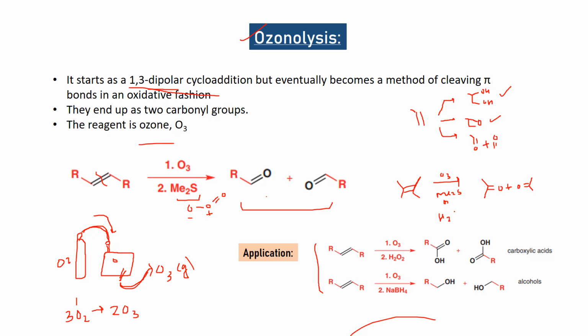If you add H2O2, in both of the cases this ketone will be obtained, because there is no such hydrogen to undergo the oxidation further. Okay. But if you add NaBH4, what will happen? These two will be reduced to secondary alcohol. Understood?